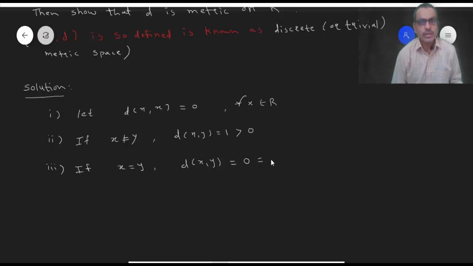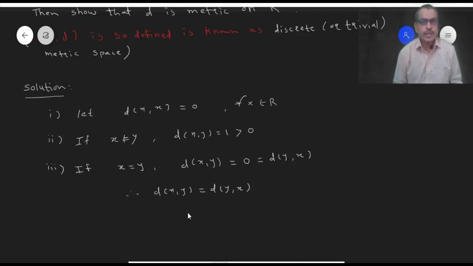This is also true for d(y,x). Therefore, here the distance from x to y is equal to the distance from y to x. Here the third condition of symmetry is also satisfied.